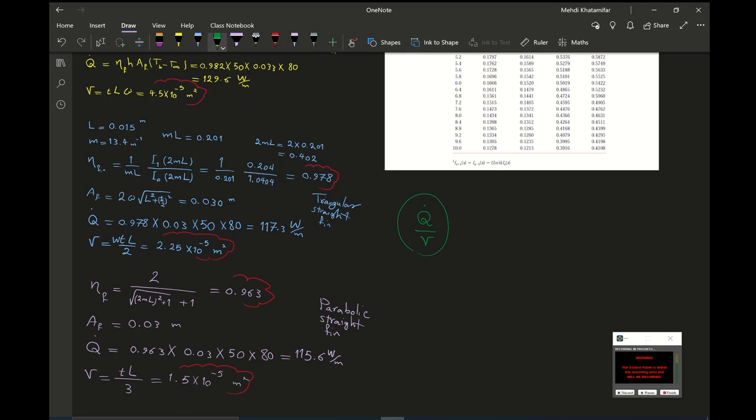So basically what I'm suggesting is, do the comparison for any shape or size you want, divide the heat transfer rate by the volume of that heat sink or fin, and this value is going to be a good representation to compare different fin types.